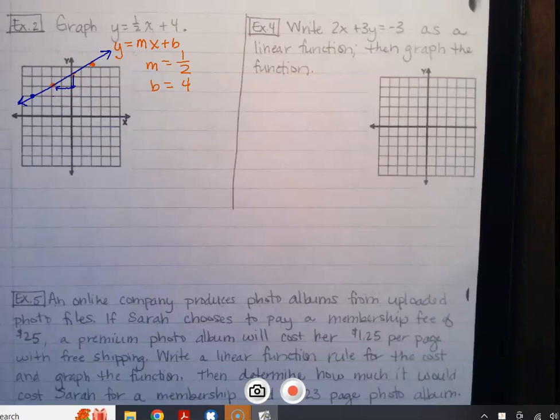Y equals mx plus b, right? Yep. So when it says linear function, instead of using y, that's saying use that f of x notation, but it's the same thing as y equals mx plus b. We would just say f of x equals mx plus b. Okay, so let's work on that first, since it's not in slope-intercept form.